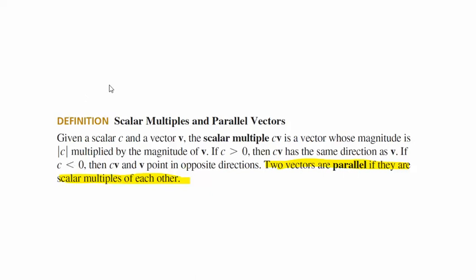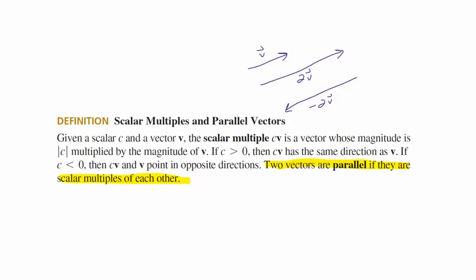So if you take a vector like v and multiply it by 2, it's going to look like this. But I could also multiply it by -2, in which case it would look like this. So it could go the complete opposite direction, by which I mean 180 degrees the opposite direction. And these would be considered parallel.